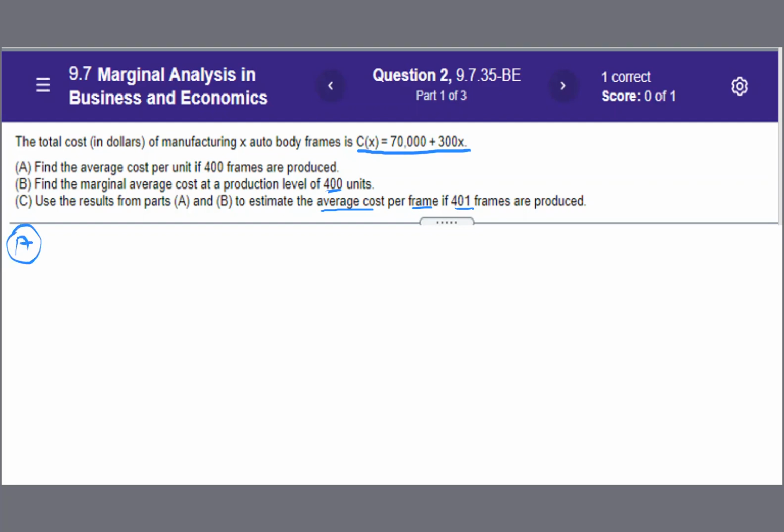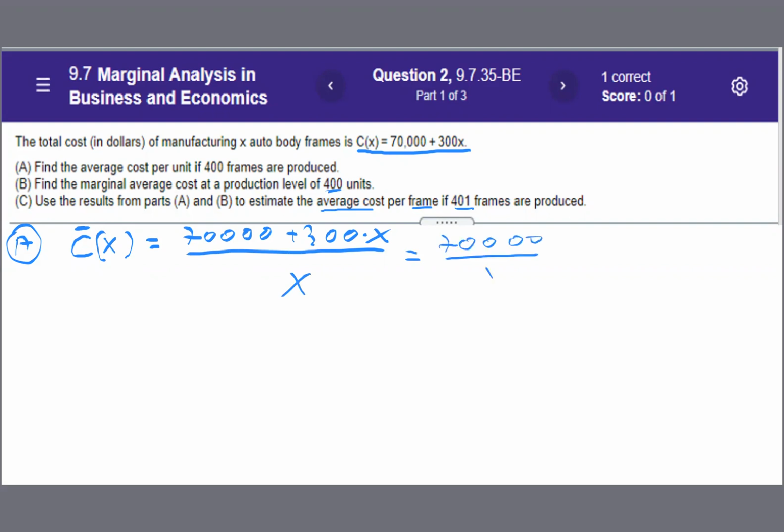So A, we did this problem before, the average cost per unit if 400 frames are produced. We denoted the average cost as C bar. So find C bar of X, which is 70,000 plus 300 times X over X, and simplify that to 70,000 over X plus 300.